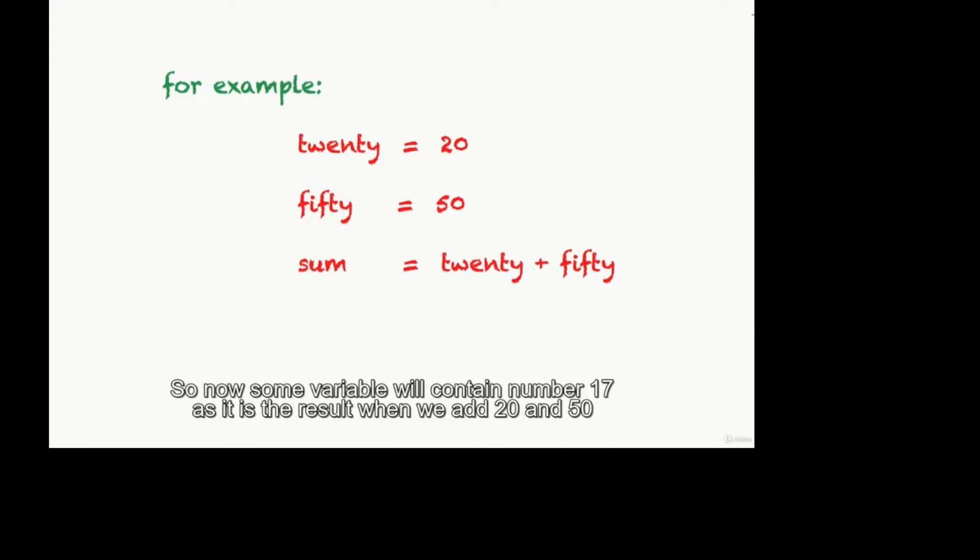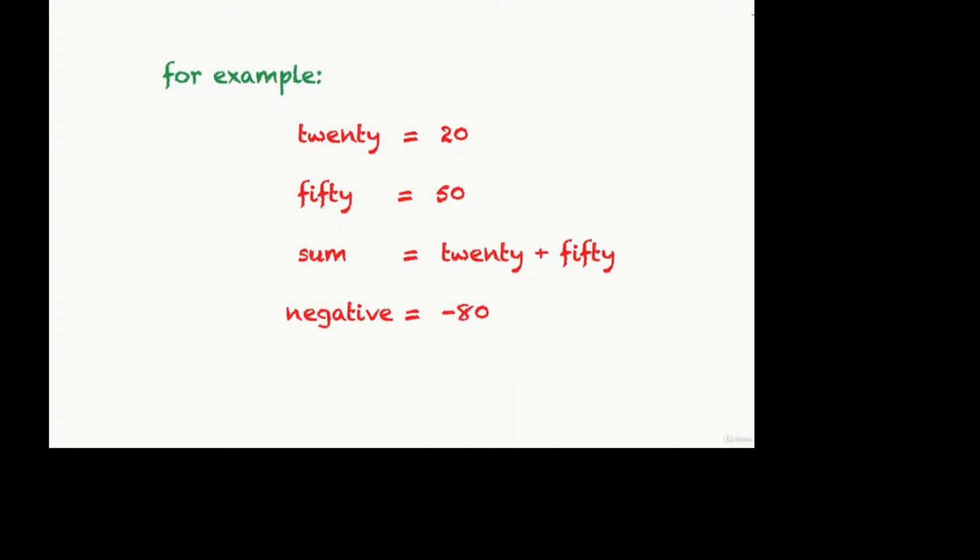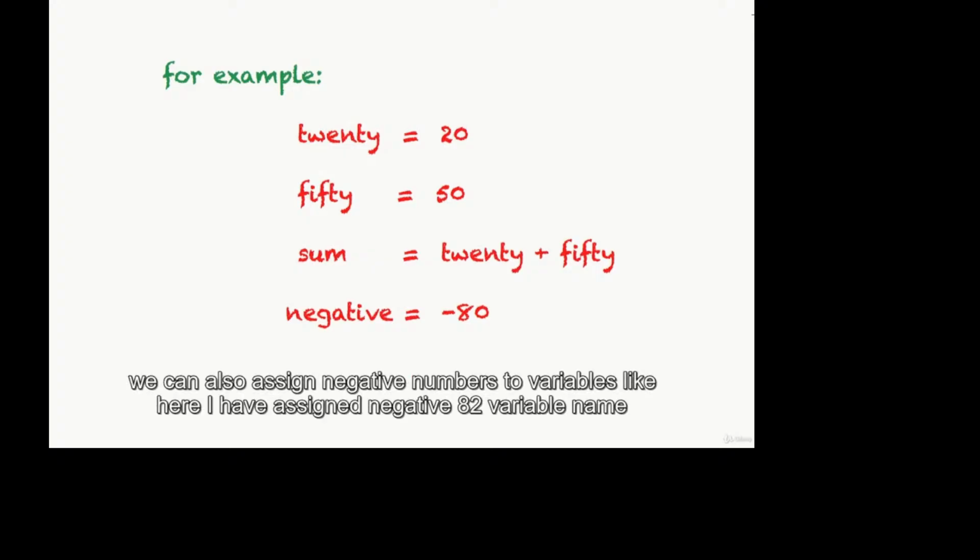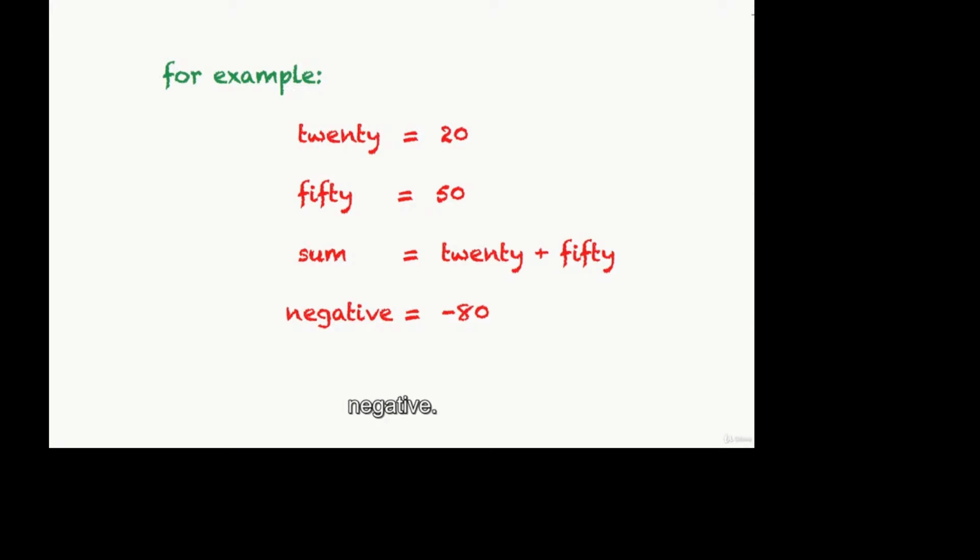So now sum variable will contain number 70 as it is the result when we add 20 and 50. We can also assign negative numbers to variables. Like here I have assigned negative 80 to variable name negative.